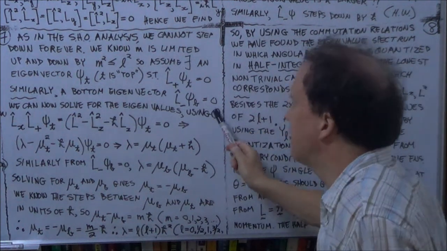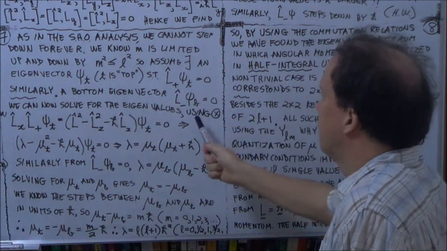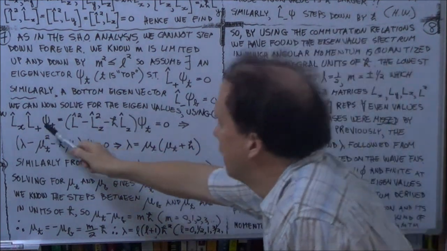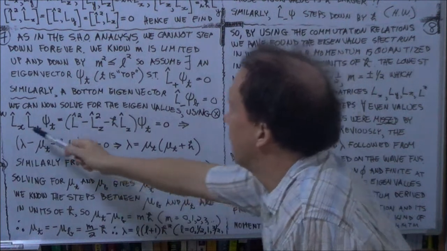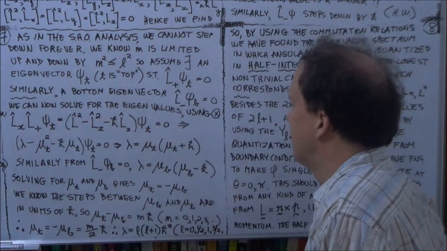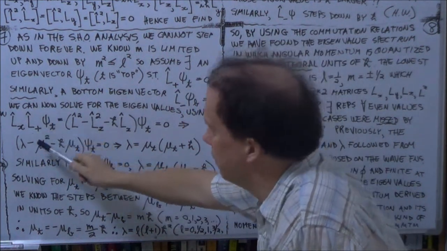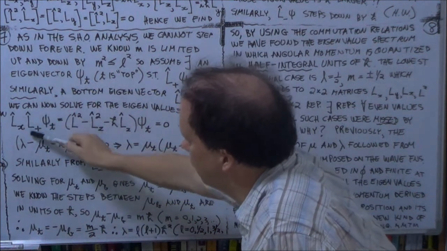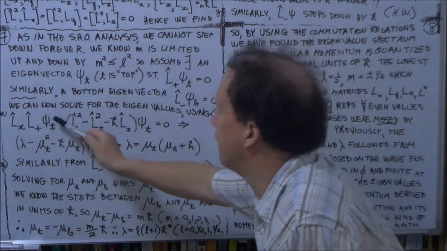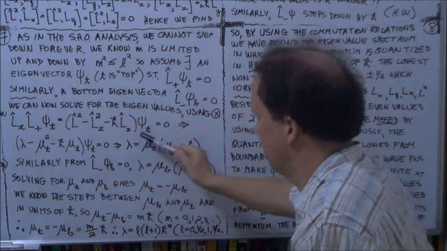Using that, multiply that equation on the right-hand side, both sides, by psi t. Because psi t is the top one, if you try to step it up, this will give you 0. So all this is 0.